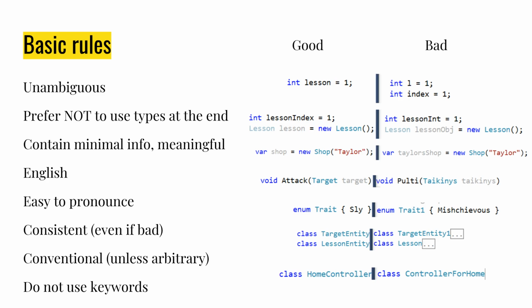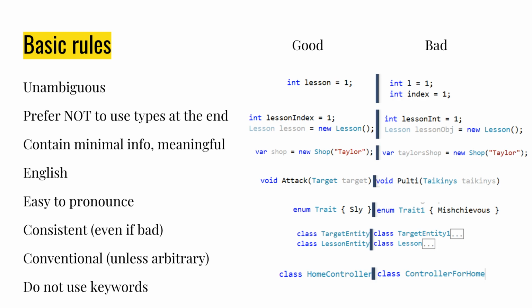Right. So stick to conventions, unless your team says so, or unless your project is consistently written badly. You either refactor everything, or you keep to the consistency of the project, even though it's bad.